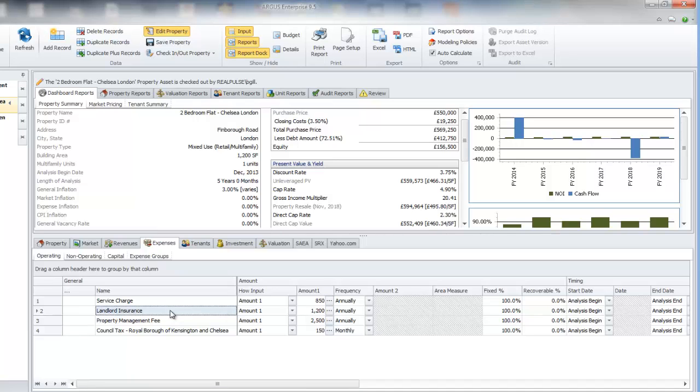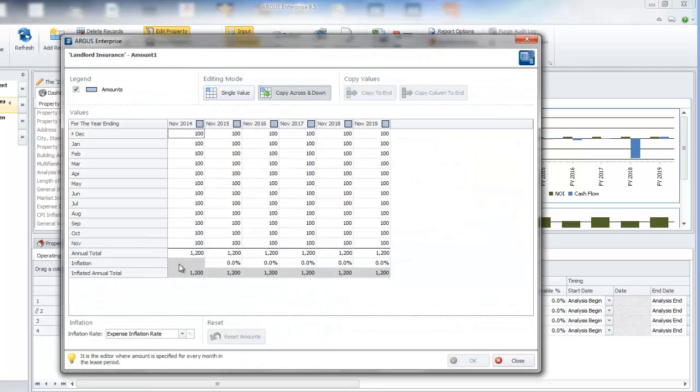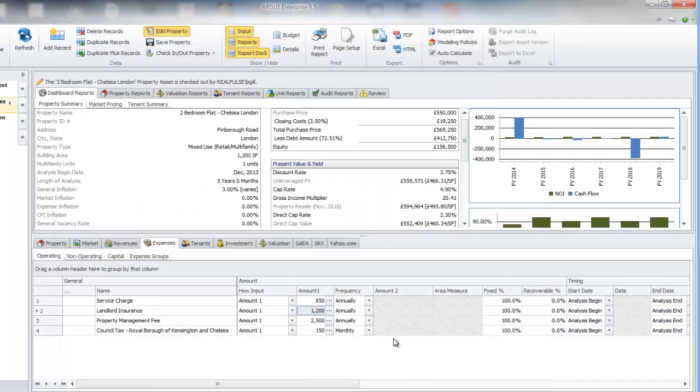Landlord insurance, for example: if you are looking to invest in London and you want to insure yourself from any breakages of fixtures and fittings or damage to your property, you will look to acquire an insurance policy, for example for £1,200 a year.